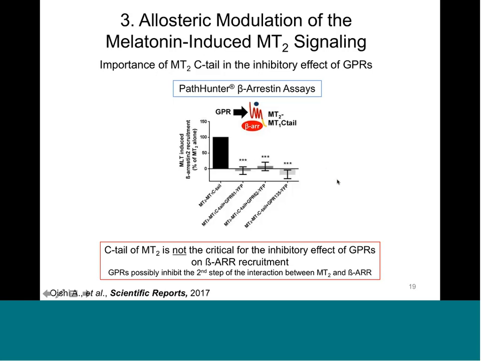So this suggests C-tail of MT2 is not critical for this inhibitory effect. Currently, we are thinking GPR possibly inhibit the second step of the interaction between MT2 and arrestin. This would make even more sense since the second step is supposed to be more sensitive to this allosteric regulation within heterodimer.